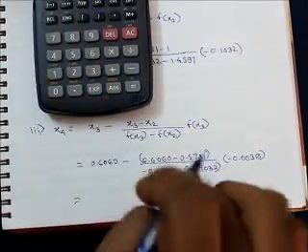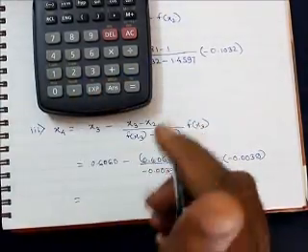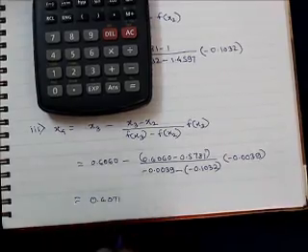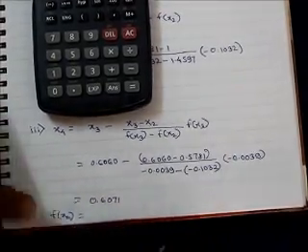Okay, that's it, and 0.6060 minus the answer is 0.6071. That's x4.